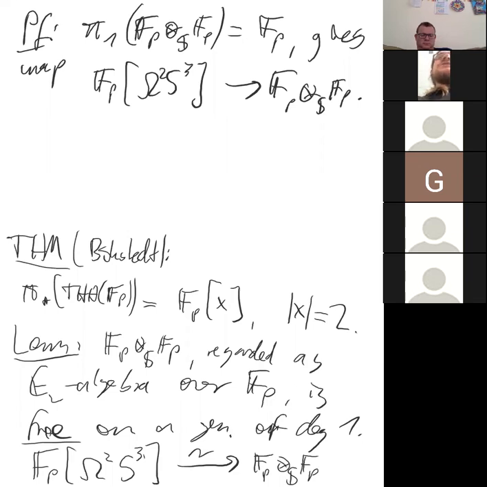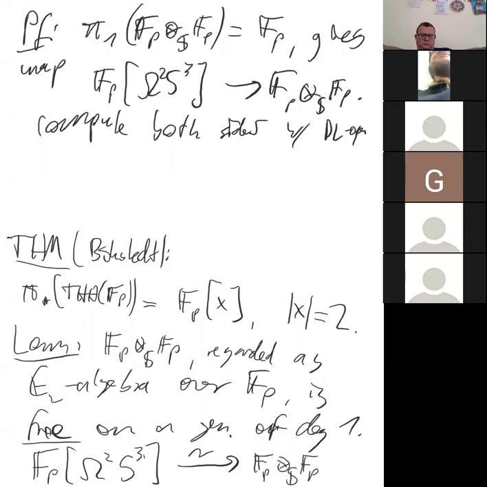And that's, of course, a computation in the end. But it turns out that Dyer-Lashof operations give you the full structure. So you can compute the homotopy of both sides together with the action of Dyer-Lashof operations. For the left-hand side, this is Kudo-Araki and Dyer-Lashof.